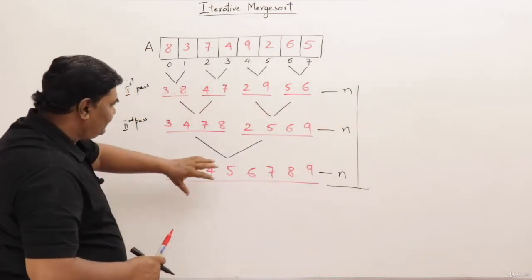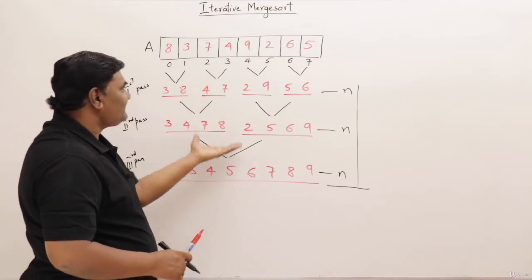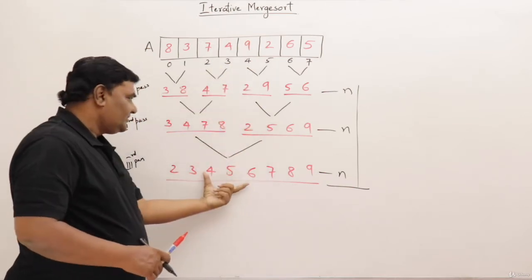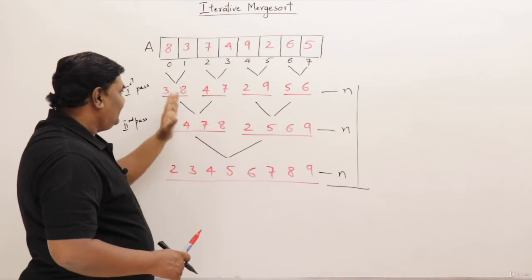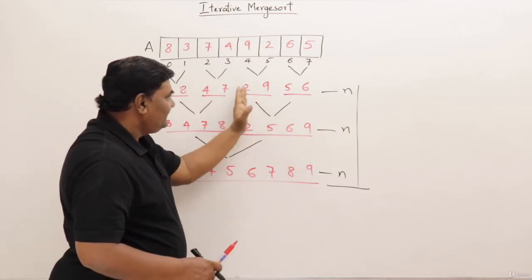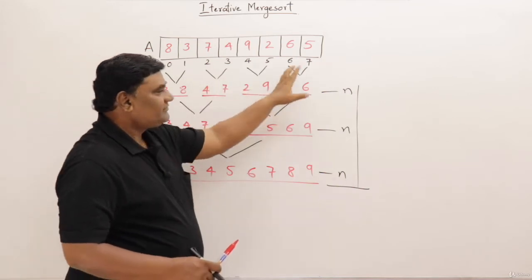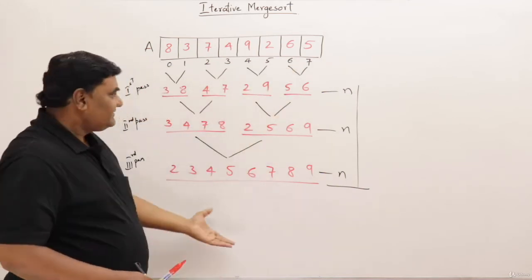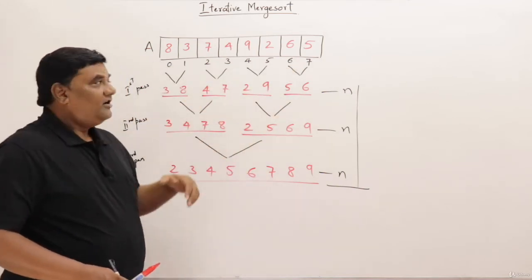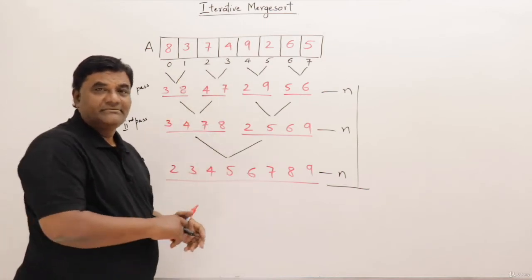If you turn this upside down, you can see it as a tree. See, this is the root, left child, right child, and its left child, right child, and these are the left and right children of this one, and these are the left and right children of these nodes. So it looks like a tree, so it is the same as the height of a tree. The height of a tree is nothing but log n.